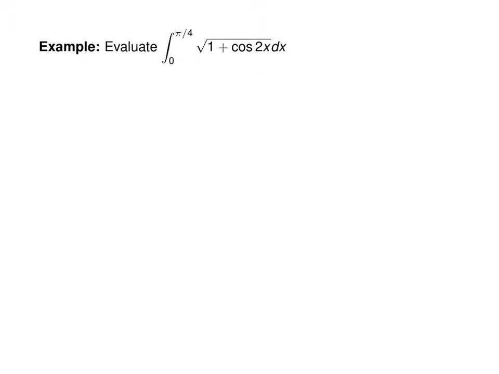Now our final example looks tricky, but it's actually really simple if you look at it the right way. It would be lovely if we could square root the thing under the root sign, but not unless it was just something to the 2nd power. But 1 plus cosine 2x, that looks awfully familiar, doesn't it? It looks like something that involves the half angle.